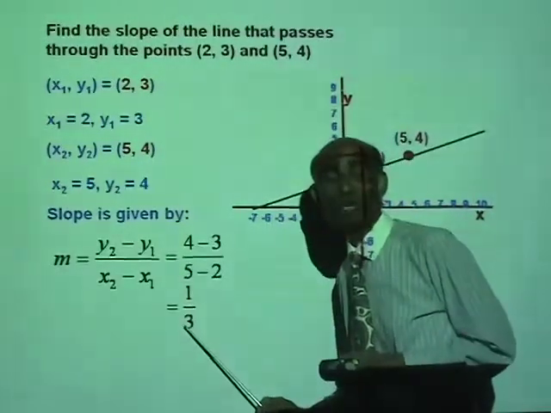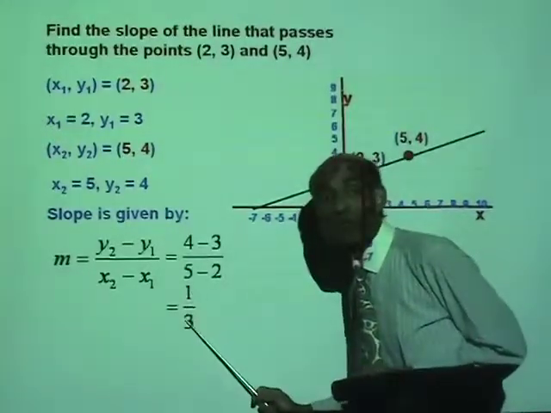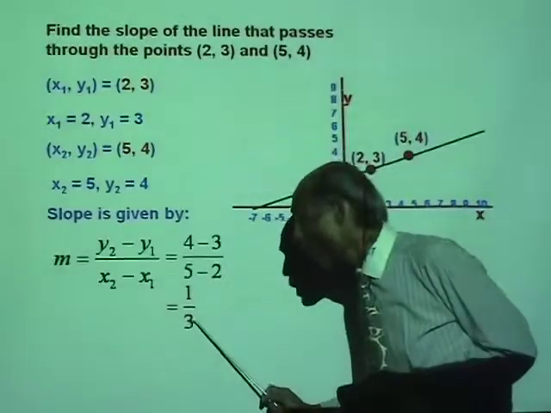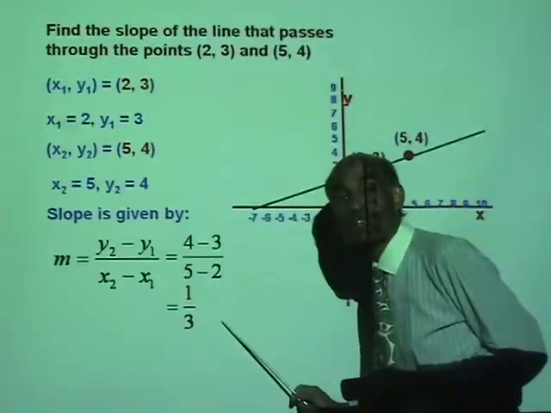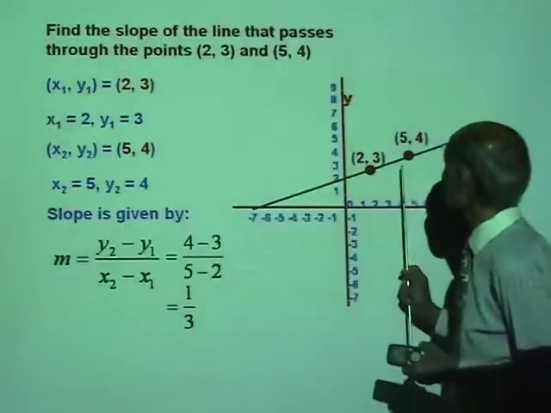1 over 3. Look at this. 1 is the rise when the walk is 3. When you walk 3 units, you will rise by 1 unit. Look at this equation.